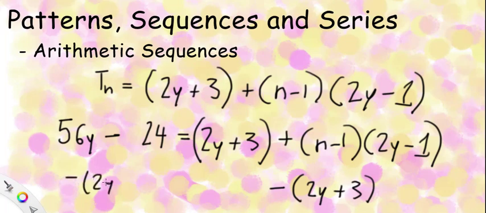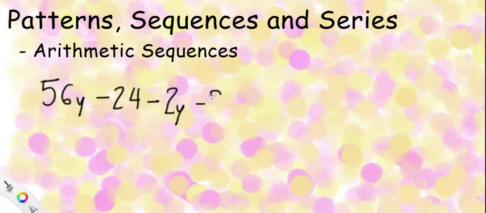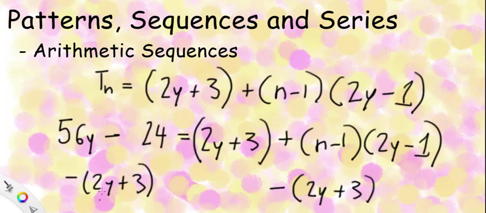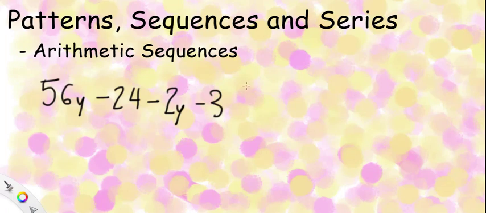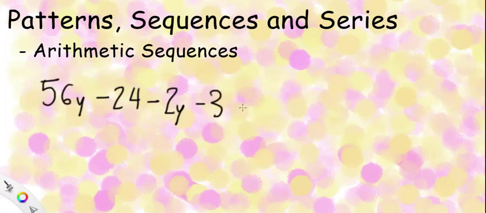The equation will then become 56y minus 24 minus 2y and minus 3, because the negative sign is going to be distributed into this term and into that term, giving us negatives everywhere. This is important to remember, guys, because math will always work like that. These are just some of the rules that never change.